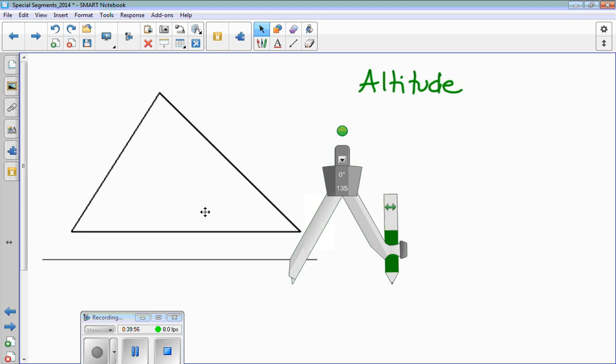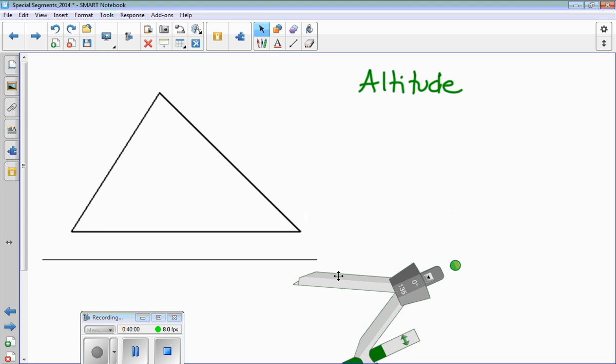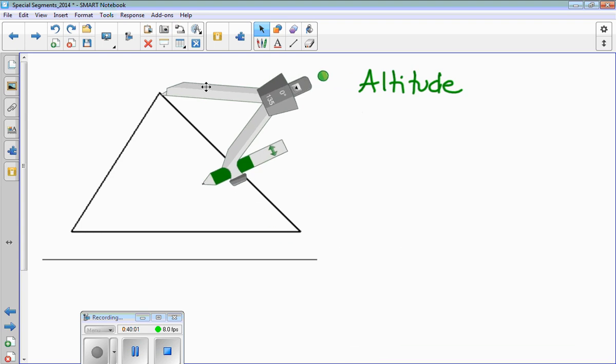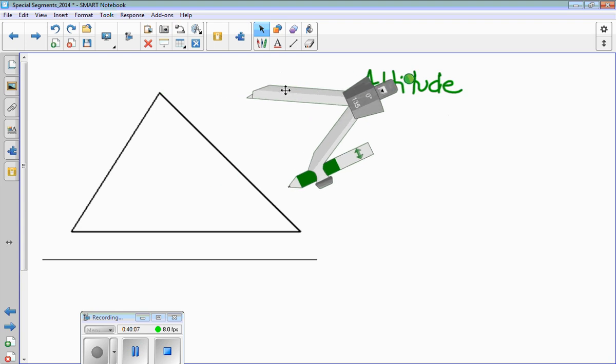Actually, I'm not doing midpoint. I don't care about midpoint, do I? I just care about perpendicular. It's perpendicular from a point not on a line.